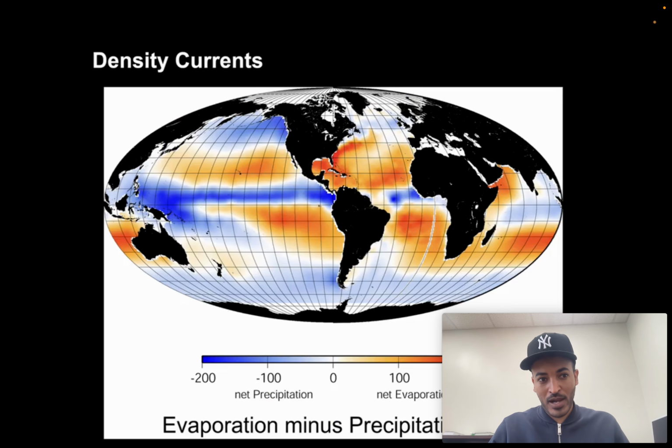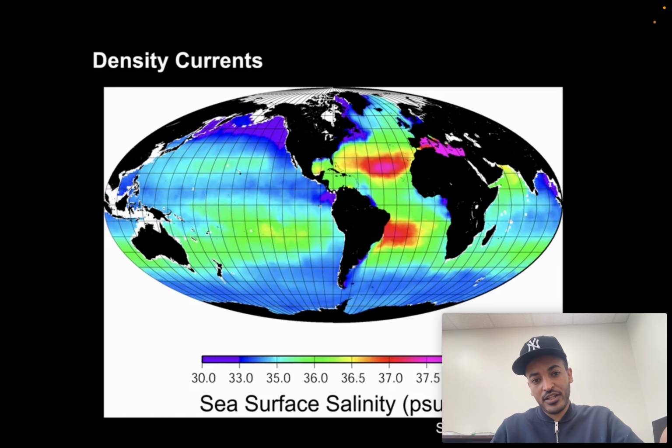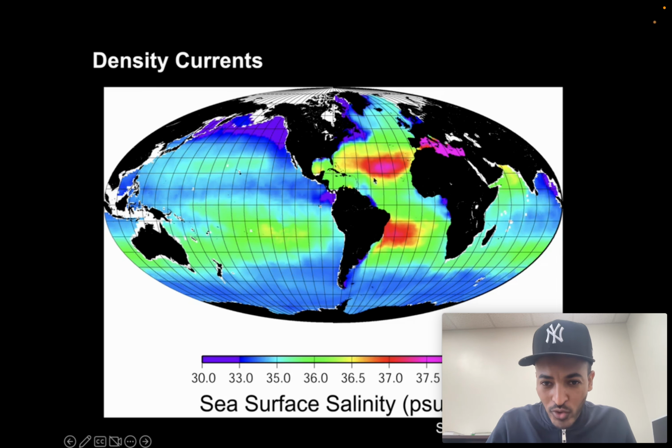Okay, let me go back to density currents again. So now in the previous slide, if you look at salinity, we have high salinity waters, strangely, in the northern Atlantic where it is cold.